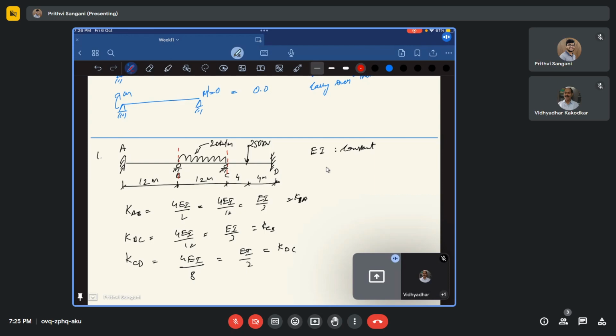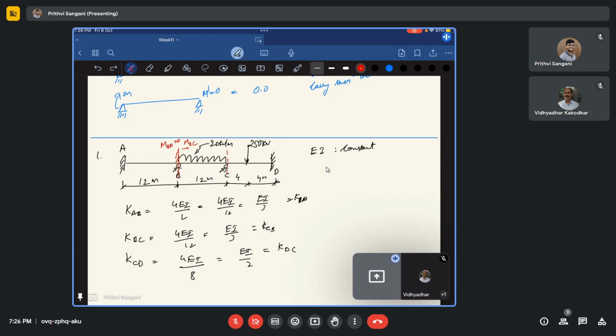The difference between a fixed support and a continuous support is that if it is a fixed end, you will only have the moment MBC, so MBA is 0. But for the continuous support, MBC should be equal to MBA, and opposite.